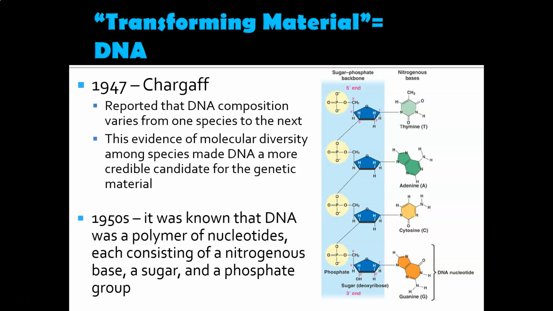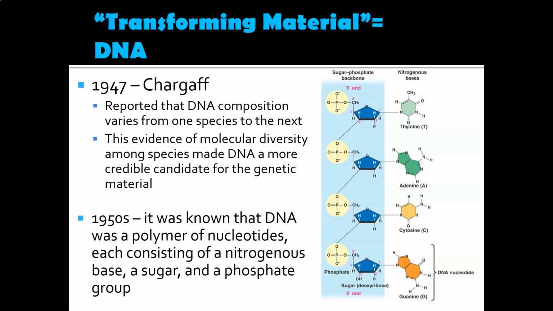So I'll always see the same number of A's to T's. I'll always see the number of G's and C's identical. And so he's starting to figure out how this genetic code might work. Doesn't have all the answers, just understands proportions of molecules, and is starting to give some more credibility to the potential that DNA is our genetic material.